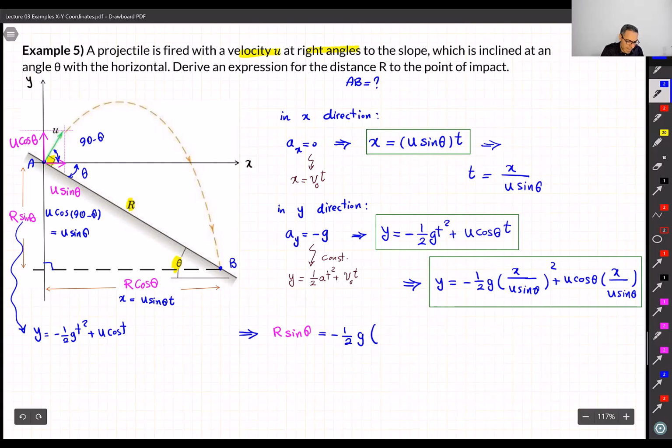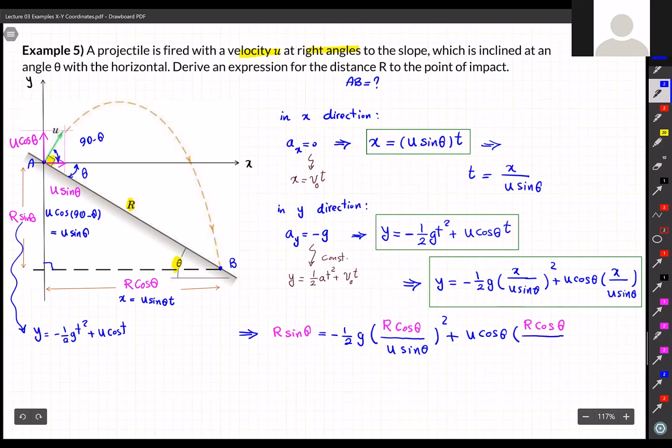I'm replacing x with what we just found, which is r cosine theta. And then we have u sine theta squared plus u cosine theta. And then we replace x again, which is r cosine theta.